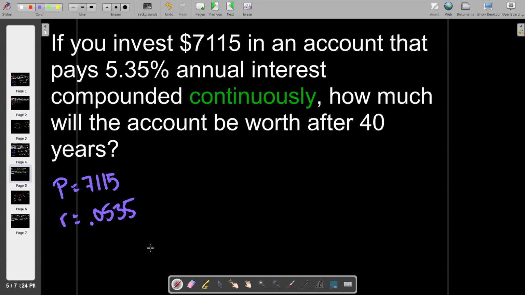And the only other thing we have to worry about here is T. Remember, there is no N. What is T? Good. So now that we have our super awesome PERT formula, to show our work, when you take a quiz for me on this, I don't expect to see much work. I just expect to see, as is often the case, what you put in your calculator. So it would look like this. I would do 7115. What goes right after that in the PERT formula? E.